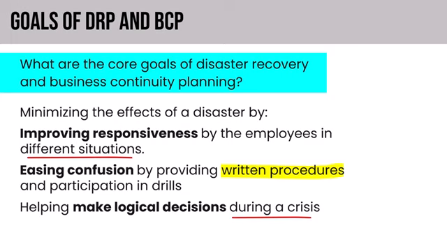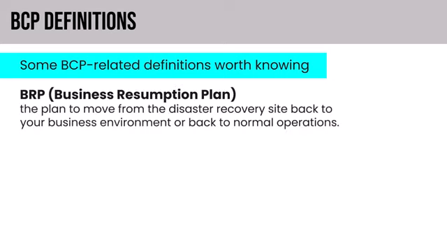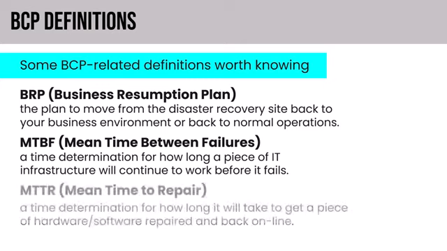There are a few core definitions related to business continuity planning that are worth knowing for exam day. So, the business resumption plan. This is the plan to move from the disaster recovery site back to your business environment, or back to normal operations, in other words. Mean time between failures. That's a determination of how long a piece of IT infrastructure will continue to work before it fails.